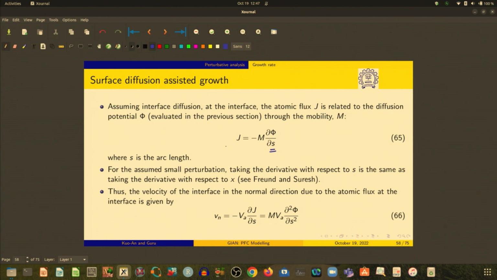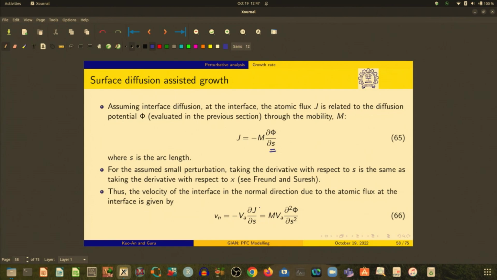Okay. So, if the material is brought by interface diffusion, the interface will move. So, the velocity of the interface is nothing but the molar volume times dou j by dou s. You can see j is the number of atoms per unit area per second, and you take a gradient. So, it is per unit volume per second multiplied by the molar volume.